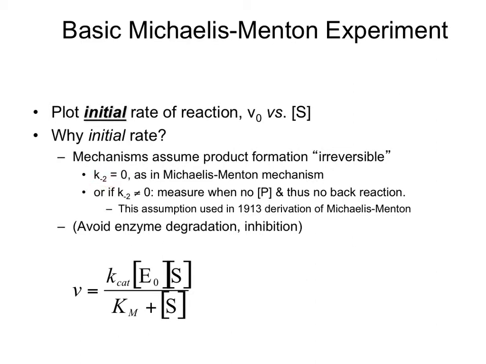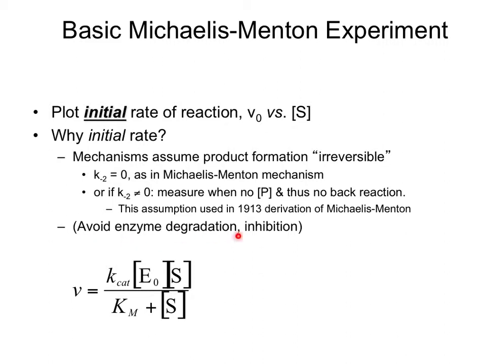There's no such thing as k minus 2 in the Michaelis-Menten mechanism. So if k minus 2 is not equal to 0, you measure when there's no product concentration, so there's no back reaction. This was the assumption used to derive the Michaelis-Menten equation.